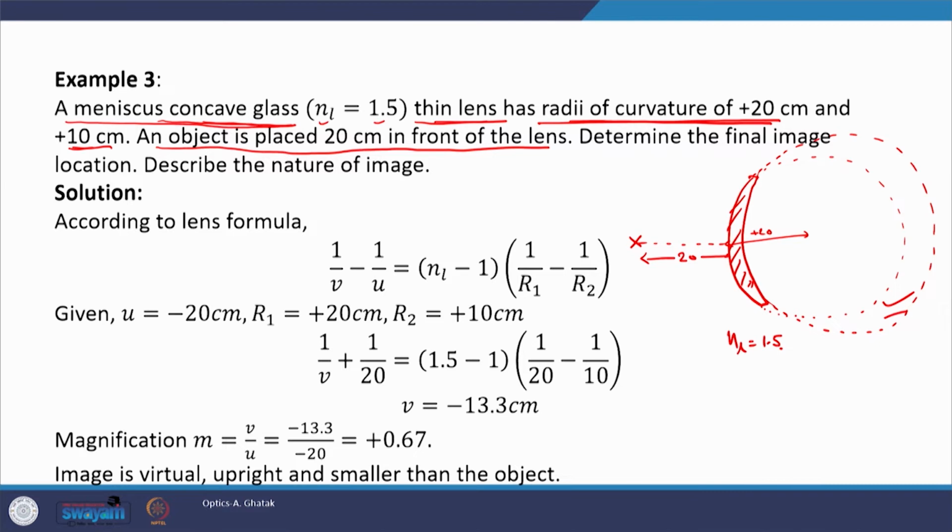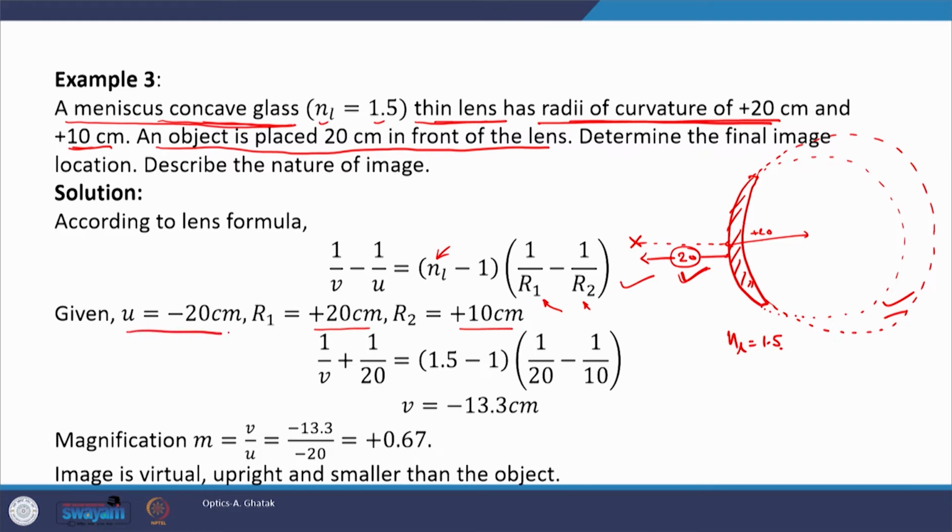Okay. Now, we will use the lens formula, which is 1 by V minus 1 by U is equal to n minus 1 times (1 by R1 minus 1 by R2), where n is replaced by NL, the refractive index of the glass. R1 and R2 are the radii of curvature, which are plus 20 centimeter and plus 10 centimeter. The object is placed at 20 centimeter in the object space.